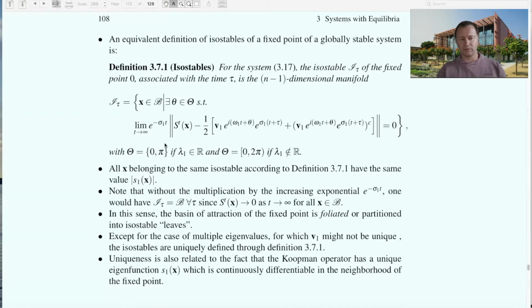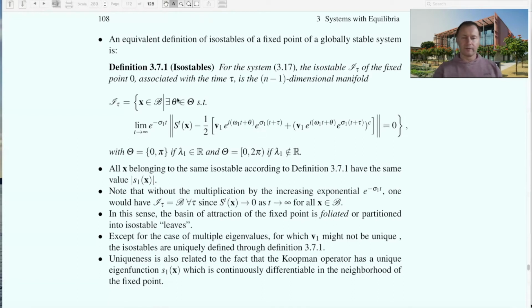So this could be the case when lambda 1 is real, because we have a positive and a negative version of the eigenvector, or the set theta is 0 to pi if lambda 1 is not real. It's actually complex, and in that case we have the oscillatory terms in here.